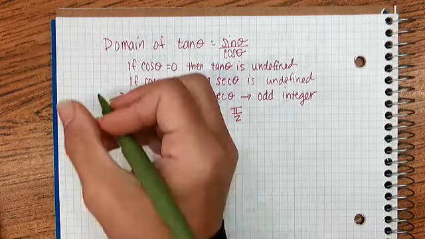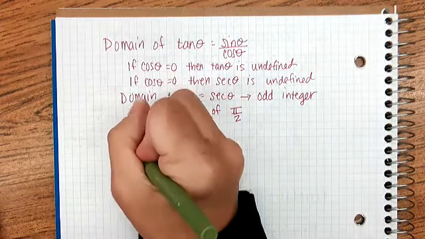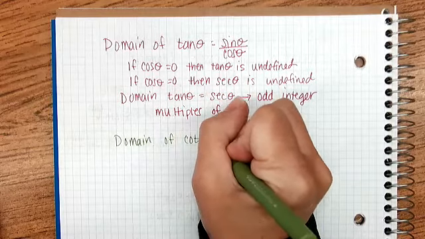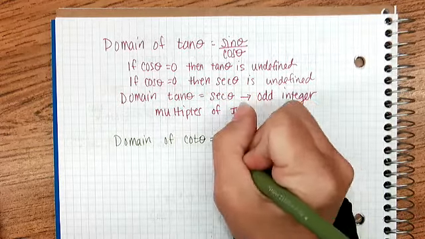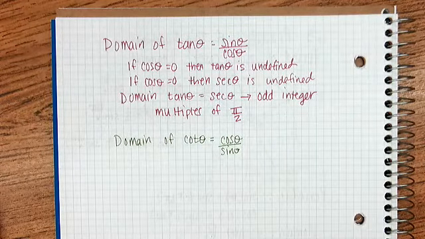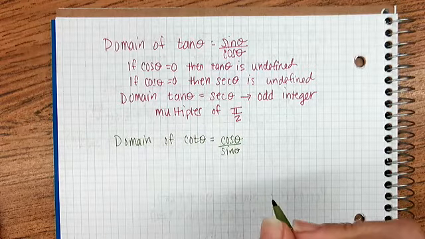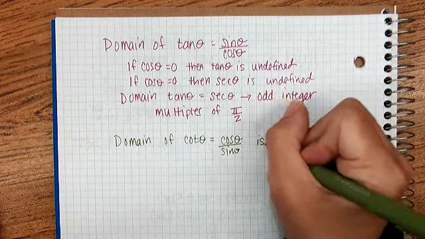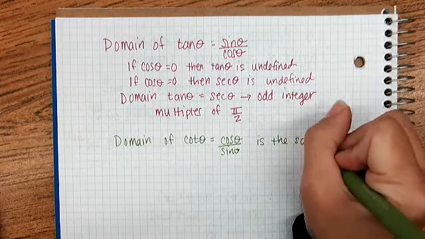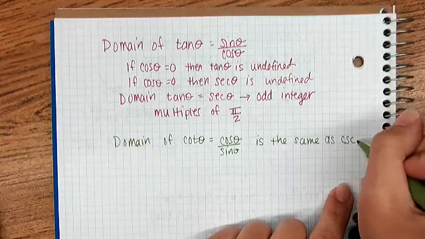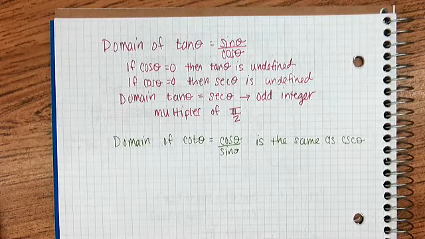So along those same lines, the domain of cotangent, and cotangent is cosine over sine, is the same as the cosecant, because cosecant is 1 over sine.